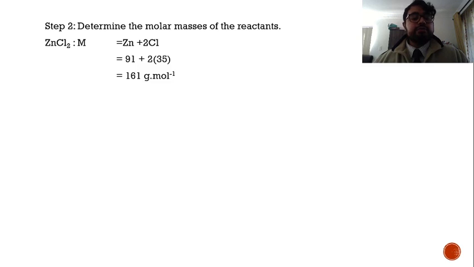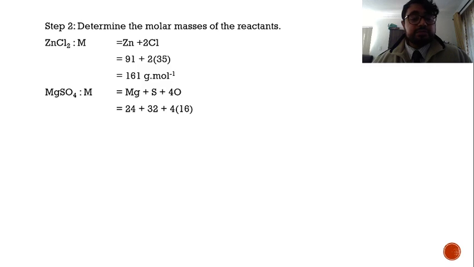Our next reagent is magnesium sulfate, made up of 1 magnesium, 1 sulfur, and 4 oxygens. Magnesium is 24, sulfur is 32, and oxygen is 16, and because we have 4 oxygens in the compound, we multiply by 4. If we add that up, that gives us 120 grams per mole.